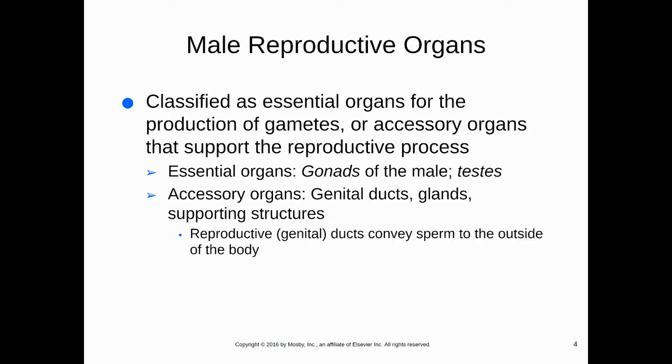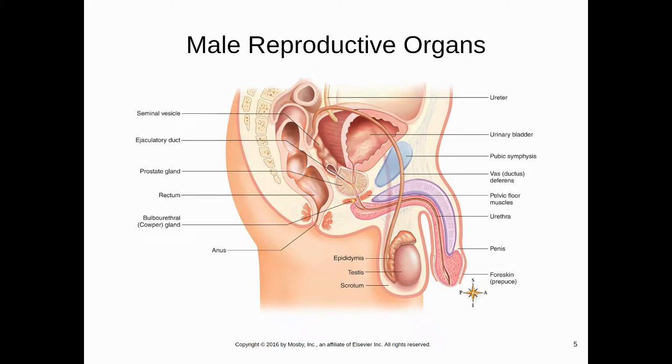Essentially, they want to get the sperm from your testes to the outside of the body, hopefully going somewhere to make an offspring. These accessory organs are just there to support the reproductive process. They're not the ones creating the gametes that are essential for it.